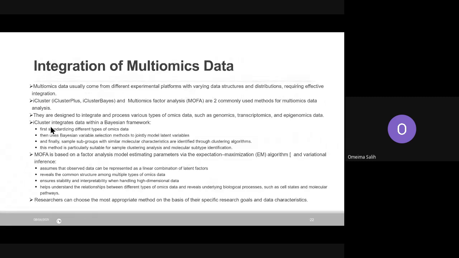iCluster is widely used, and it is very suitable for clustering analysis, molecular subtyping and identification of your data. For multi-omics factor analysis, MOFA, again, it uses a different statistical analysis package and a different algorithm, but it's widely used if you want to study biological processes, identifying pathways within cells.